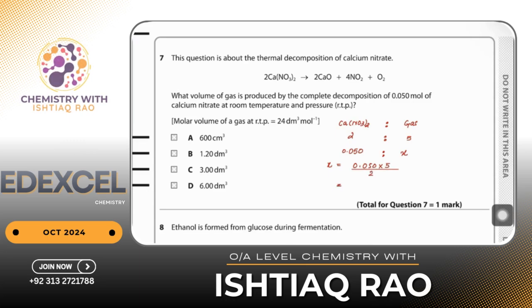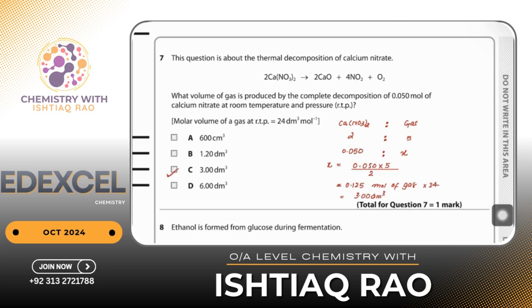It would be the mole of gases. Let me solve it. 0.050 multiplied by 5 divided by 2 would be equal to 0.125 mole, multiplied by the molar volume, that is going to be 24, to get the volume. So I'm getting 3.00 decimeter cube. So yes, the answer is C.